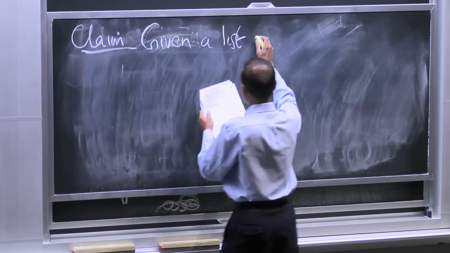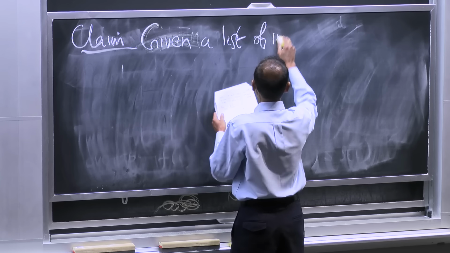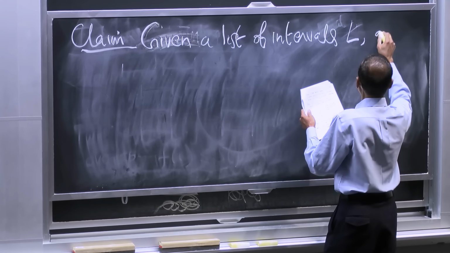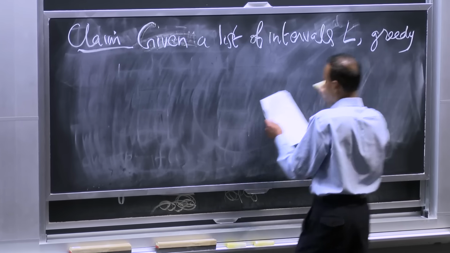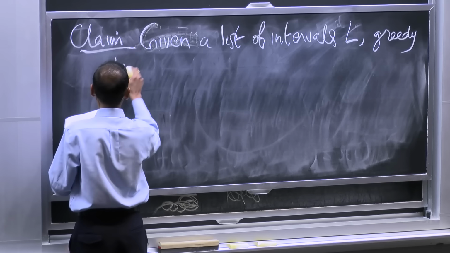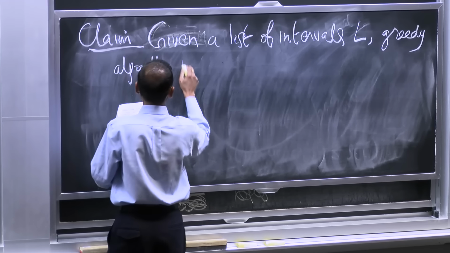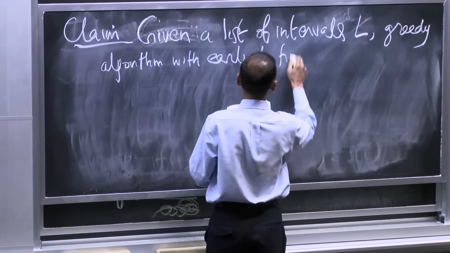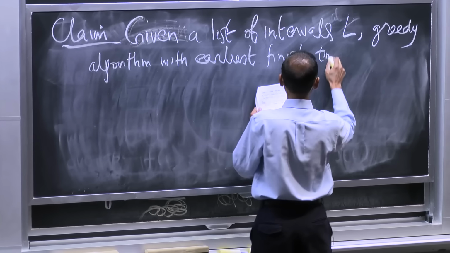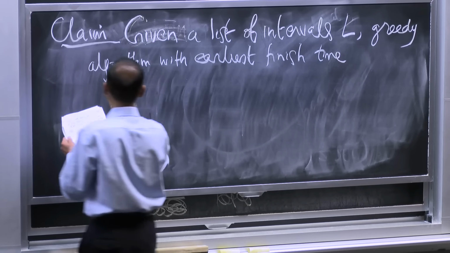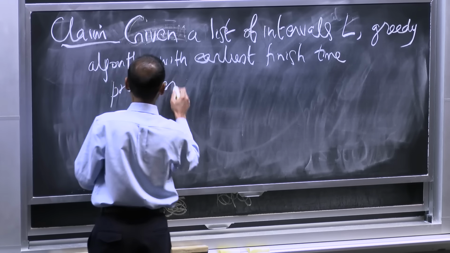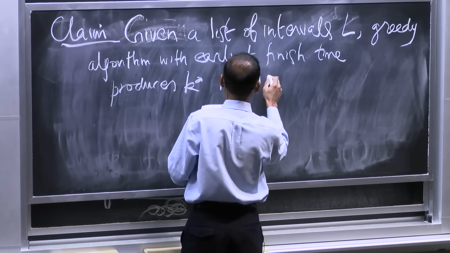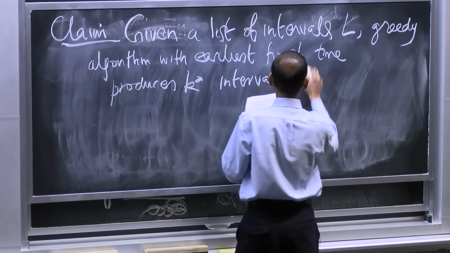Given a list of intervals L, our greedy algorithm with earliest finish time produces K star intervals where K star is minimal.